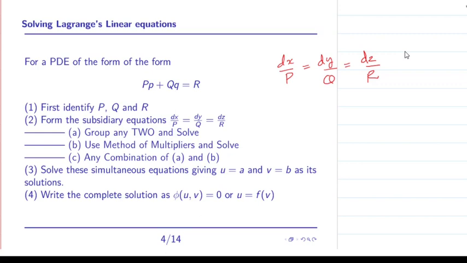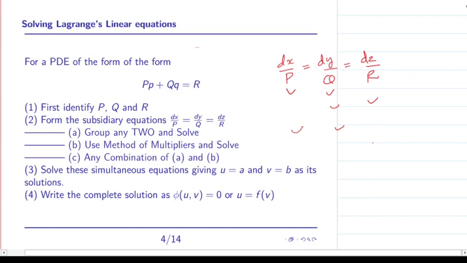Then you form the subsidiary equations: dx by capital P equal to dy by capital Q equal to dz by capital R. Now you can solve by grouping. That means you take any two of these, either the first two, or the last two, or the outer two, and equate them.